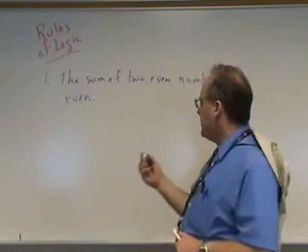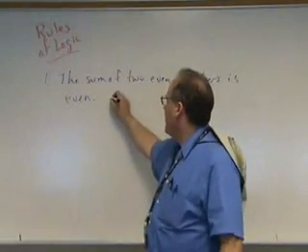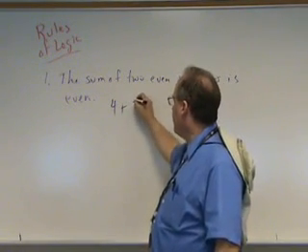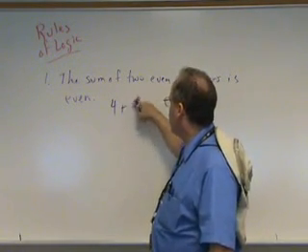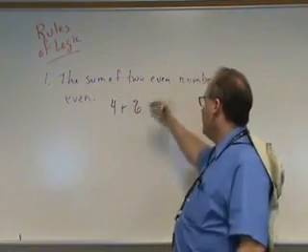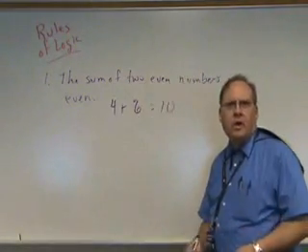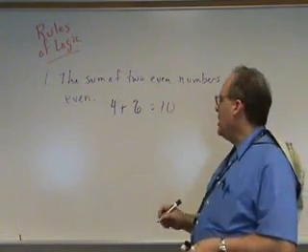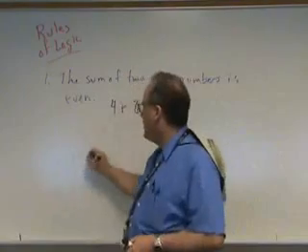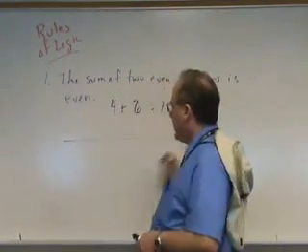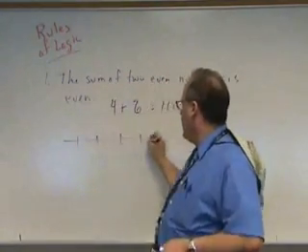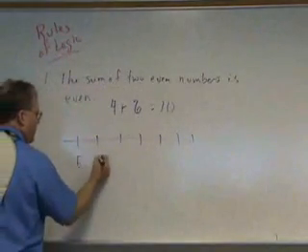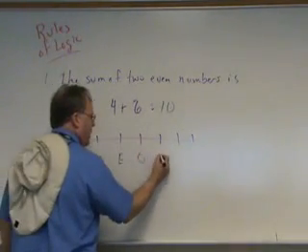So the sum of two even numbers is even. Let's try a couple of even numbers: 4 plus 6. Well, 4 plus 6 is 10. Generally speaking, we can see on a number line that we have an even and an odd, and an even and an odd, and an even.